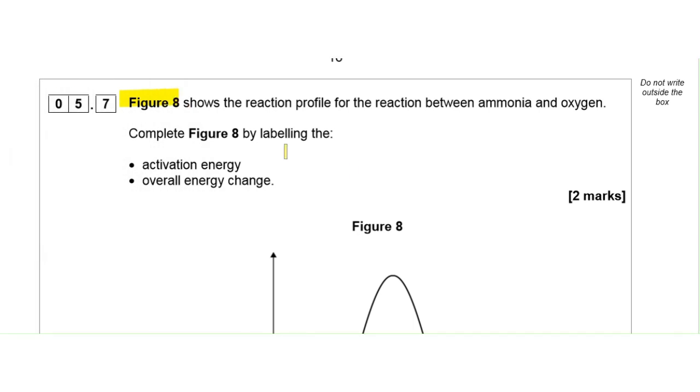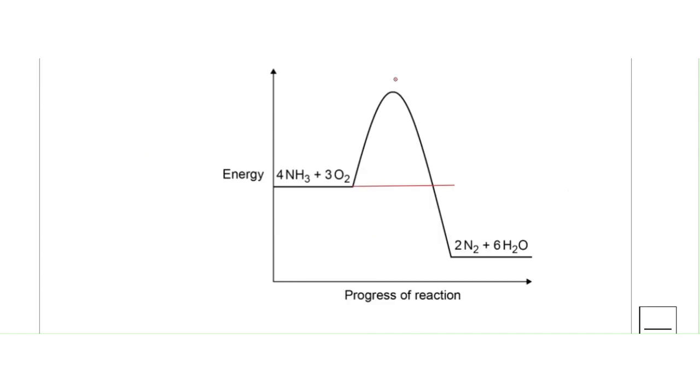Over the page, 5.7. Figure 8 shows the reaction profile for the reaction between ammonia and oxygen. Complete figure 8 by labelling the activation energy and the overall energy change for 2 marks. So the activation energy is shown by drawing a line across straight away from the reactants and then onto the peak of the graph, and that peak is known as the activation energy.